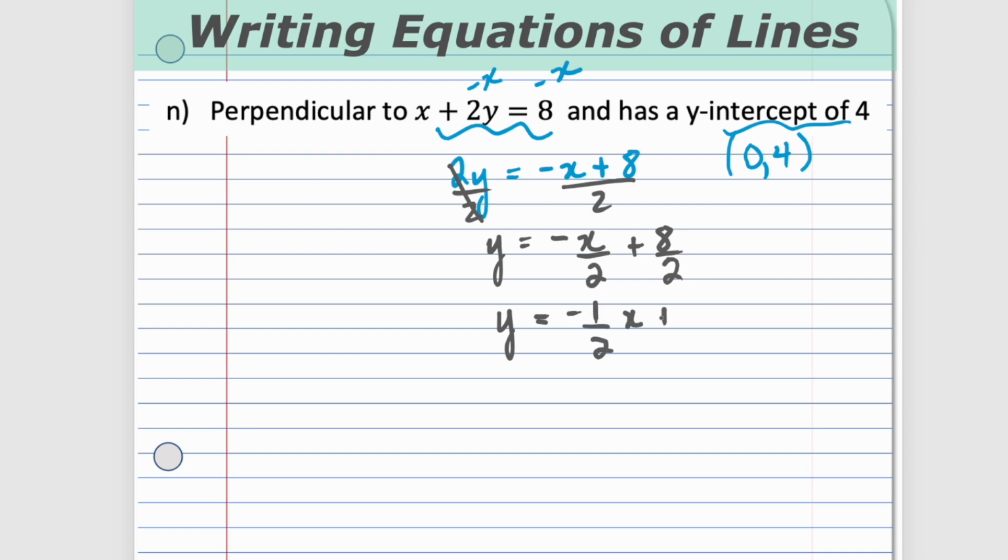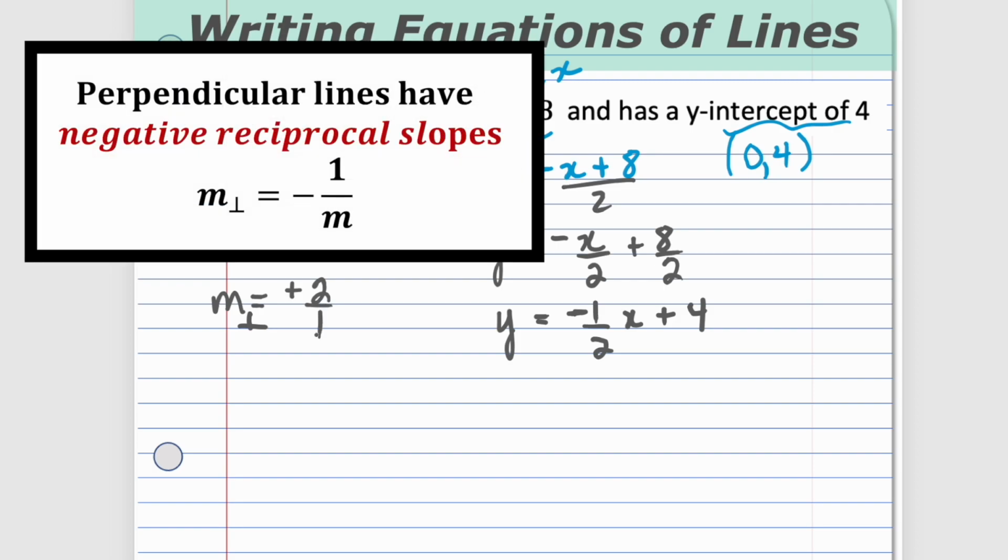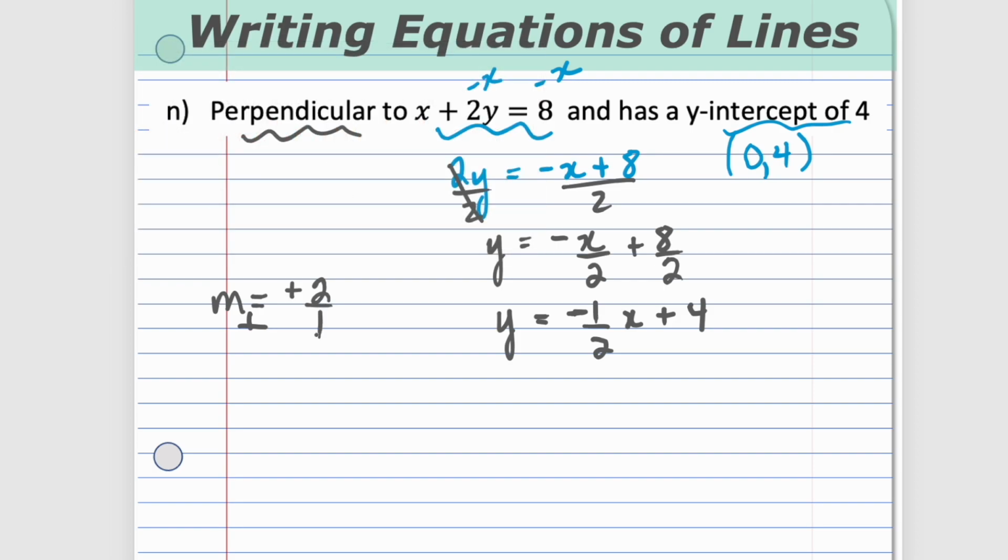-1/2 x plus 4. We know the slope is now perpendicular. We're going to make the slope positive because it was negative, and then grab the reciprocal. So slope is 2. So we'll use that, and we'll use the 0, 4. Y is equal to mx plus b.